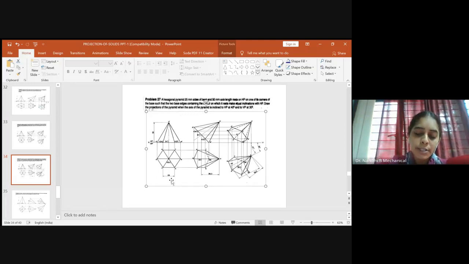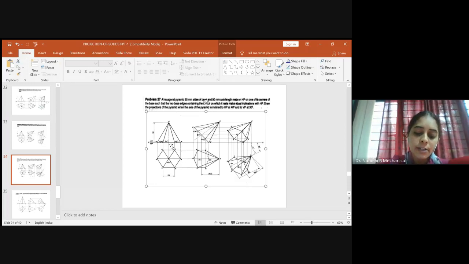And always you should see, when you have placed the given pyramid resting on one of its corner, the base edges will make equal inclinations with respect to HP. So if you are resting on one of its corner, the base edges will make equal inclinations with respect to our horizontal plane. That also should be satisfied. If you keep this in some inclined position, that will not satisfy the need.